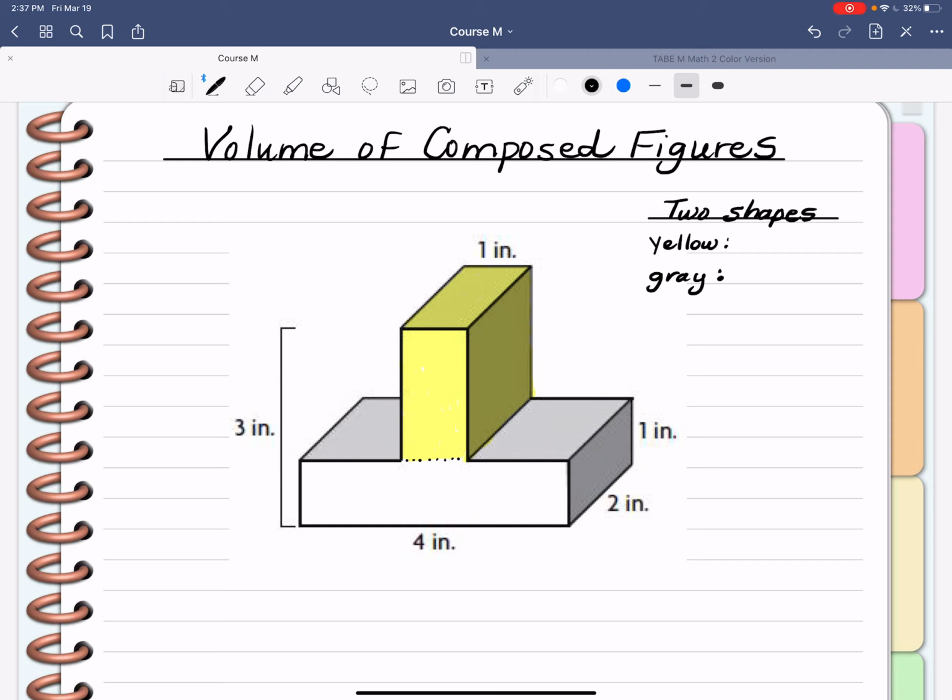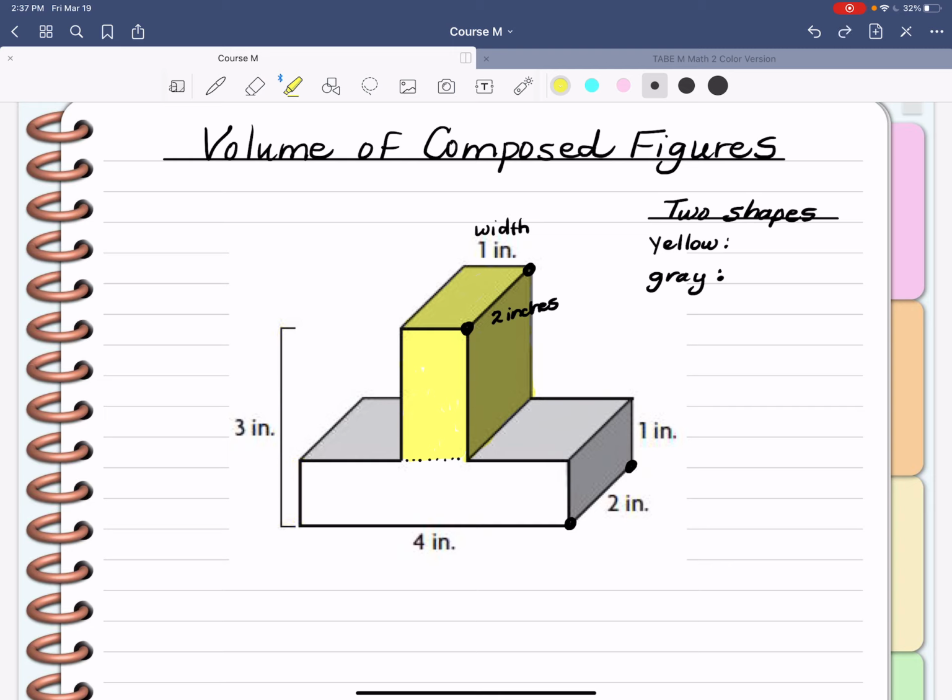Okay, I know the width of this yellow box. They give that to me. I also could tell you this dimension because I can tell you this dimension. So this is 2 inches. Then I need to find the height. How tall is this yellow box? Well, from this whole thing right there is 3 inches, but I need to take out whatever that is, and I see that that's 1.